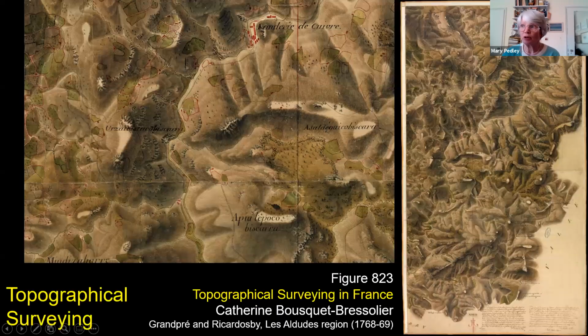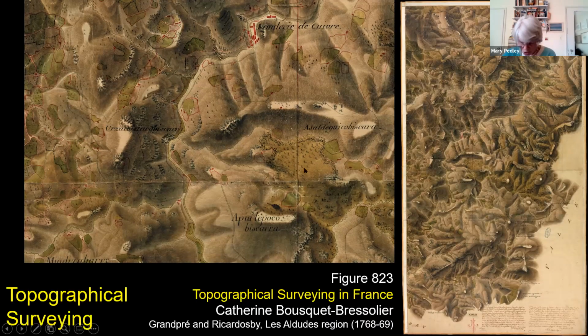And this reaches a real intensity in the 18th century, I think it's fair to say, as we see in this map done by military engineers in the Pyrenees, in an area of the Pyrenees called Les Aldudes. And the full map is here on the right. And the detail that we're showing here is this area right in here.